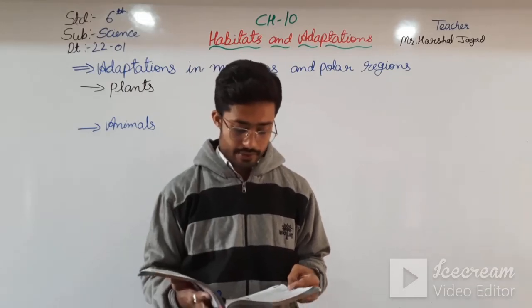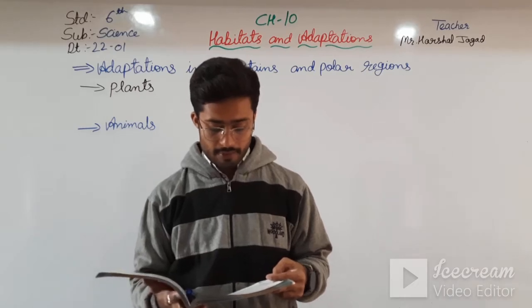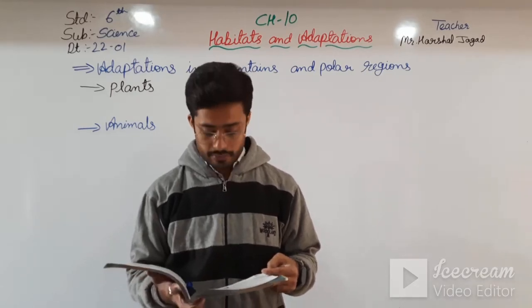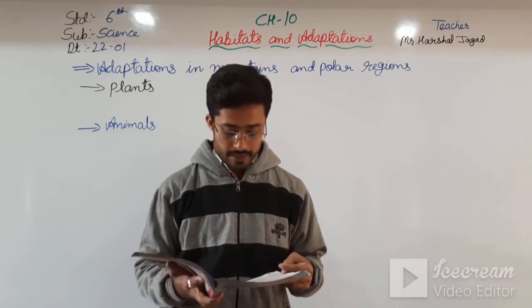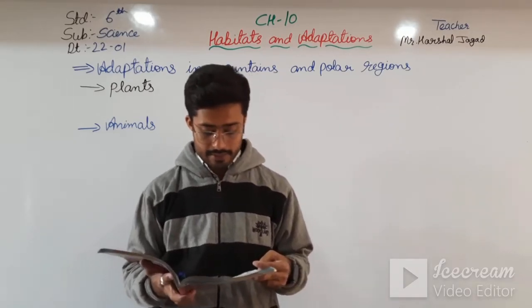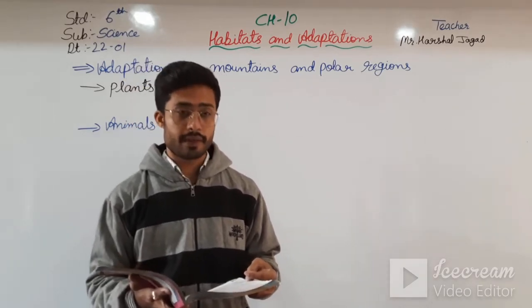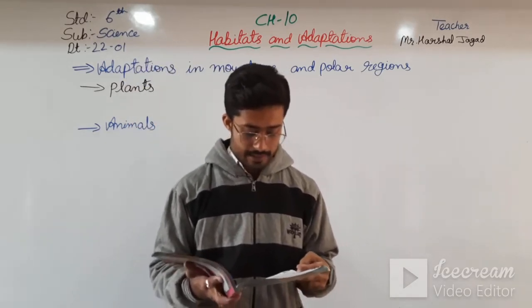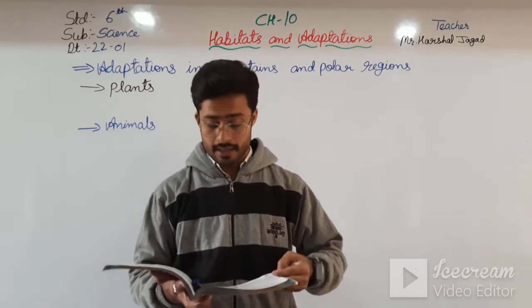And here are the adaptations of polar bears. The white fur provides camouflage against snow. It has padded feet to easily walk on the snow. It has small ears and a small tail which prevent heat from being lost from the body. It has thick fur and a layer of fat under the skin to protect from the cold.